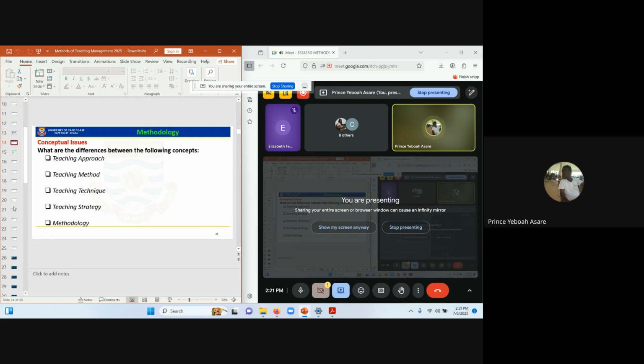Yeah, so teachers, we say methodology. So what is your methodology? In this methodology, we are looking at it much more as a philosophy, much more of how we teach.